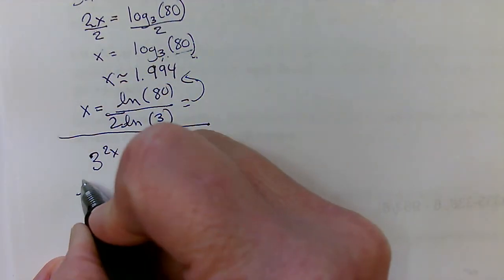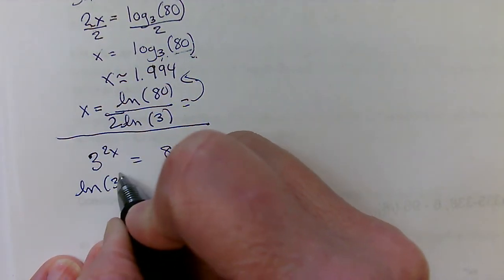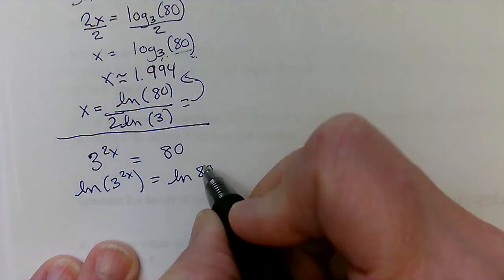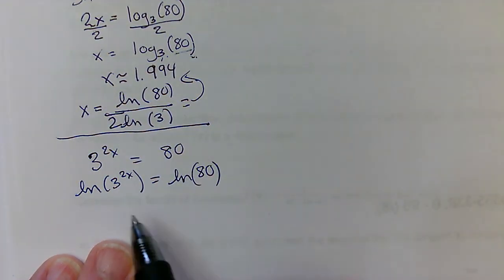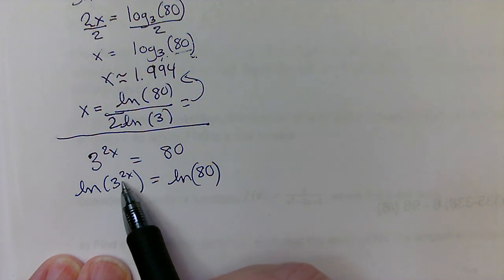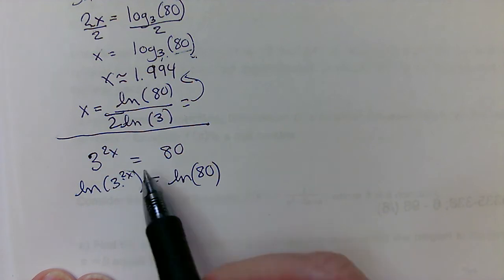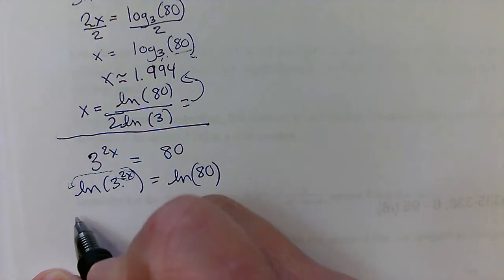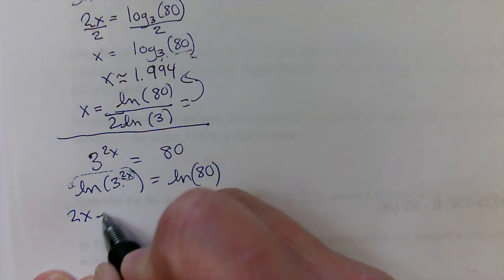So I'm going to take the natural log of both sides. Now on the left side, because I have this exponent on the object of the log, one of the properties of logarithms we learned is that it's equivalent if you bring this exponent down in front and multiply it by the log.